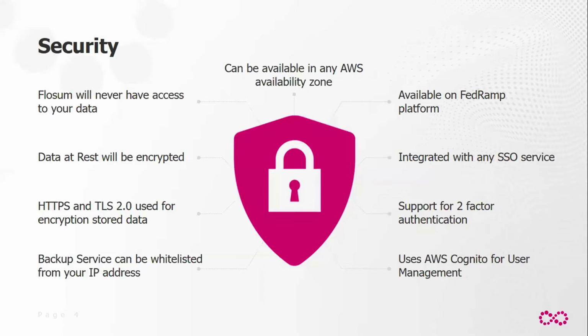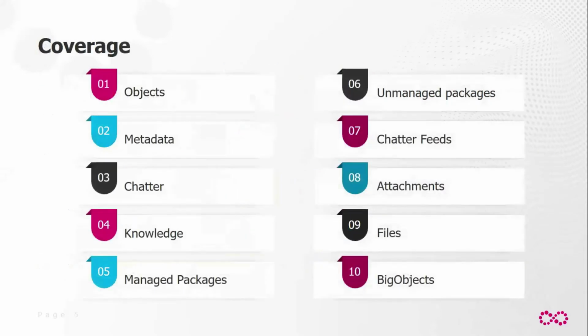We have integration with various SSO services. We support two-factor authentication, etc., utilizing Cognito on the AWS platform currently for our user management. And finally, these are the different types of objects that we support from Salesforce, moving to your backup and storing them and then restoring as well.